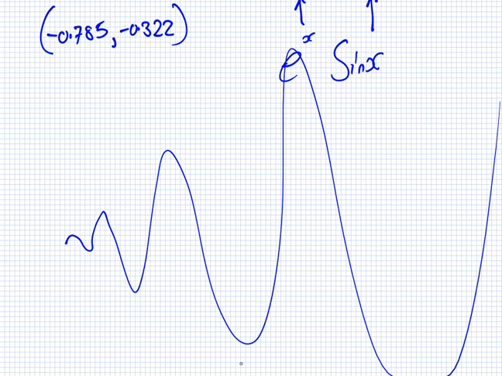So x equals tan inverse of minus 1, which is minus pi over 4. The y would be equal to e^(minus pi over 4) times sine of minus pi over 4, which would be minus 1 over root 2 times e^(minus pi over 4). So the answer is minus pi over 4 and minus 1 over root 2 e to the minus pi over 4. That would be the exact answer.